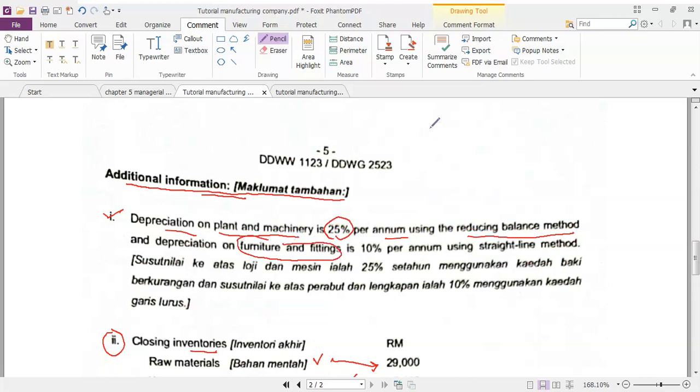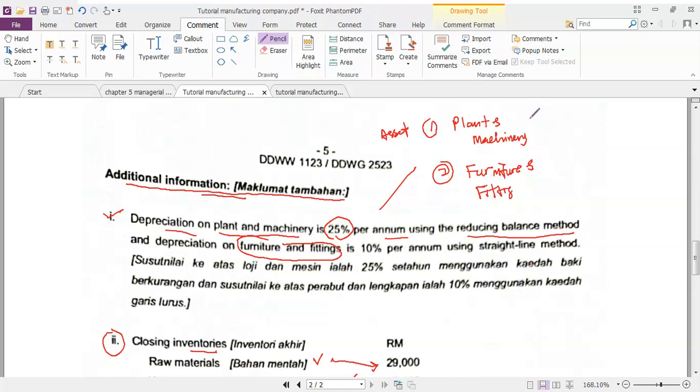We have two types of asset. The first one is plant and machinery. The second one is furniture and fitting. All these assets we should have depreciation, or susut nilai. How do we calculate these two things?